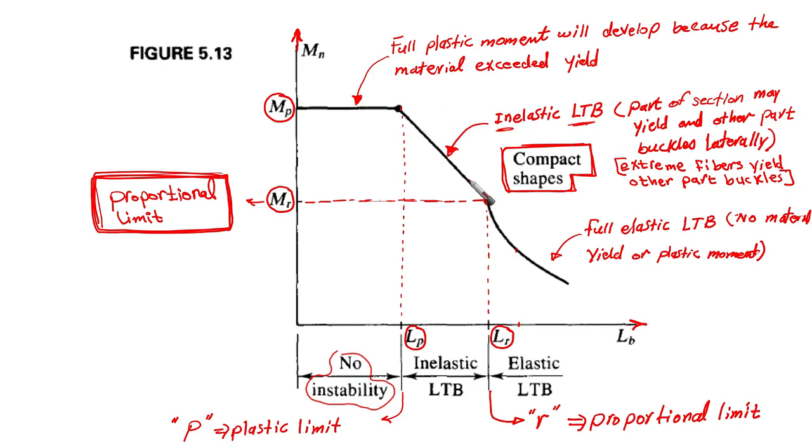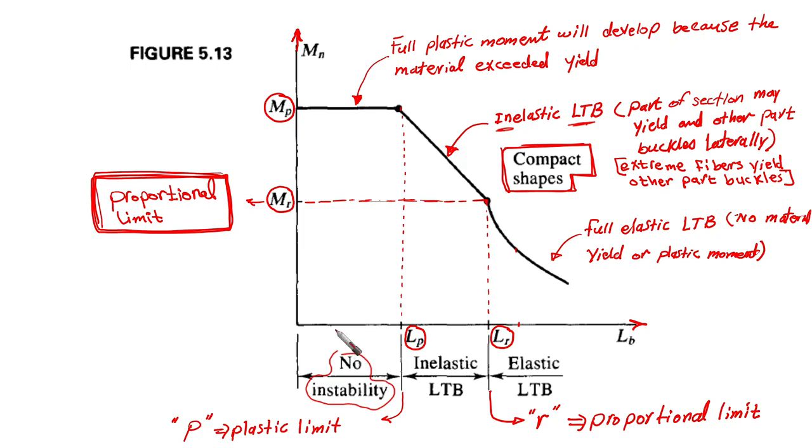It is something like a transition zone, as you can see here. Extreme fibers yield, other parts buckle. And here, Mp, whereas in the no instability zone, we are not concerned with any kind of instability issues.